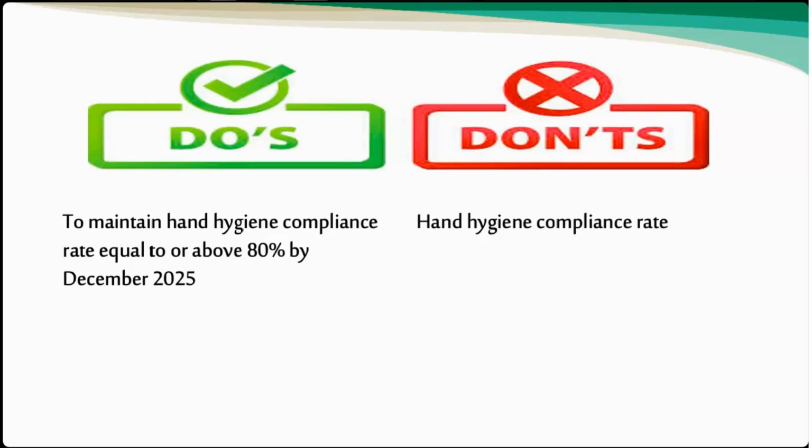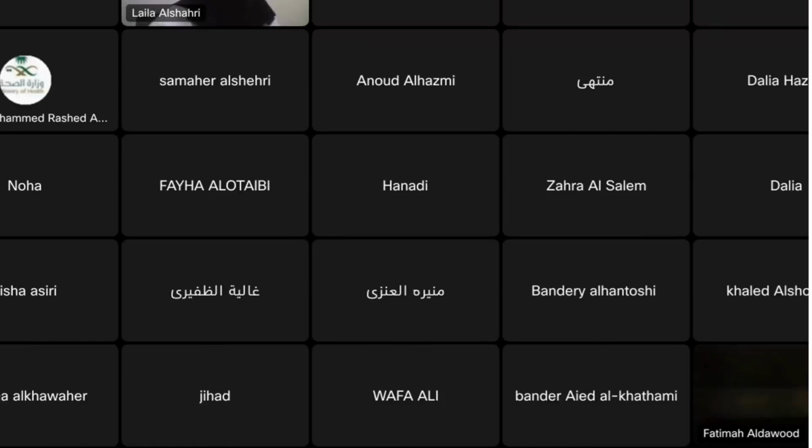So we cannot use a general sentence like hand hygiene compliance rate. We should specify: increase or maintain the compliance rate above 80%, and this is limited to the year of 2025.